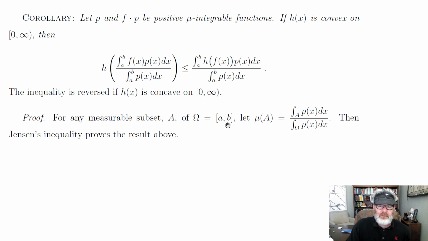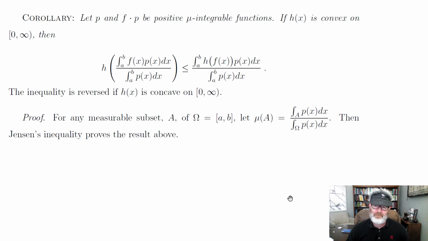if omega is that interval AB, set the measure of any subset of AB to be the integral over A of p dx divided by the integral over omega, which is AB, of p of x. So in other words, if you know your measure theory, this is just a way to make another measure, right?